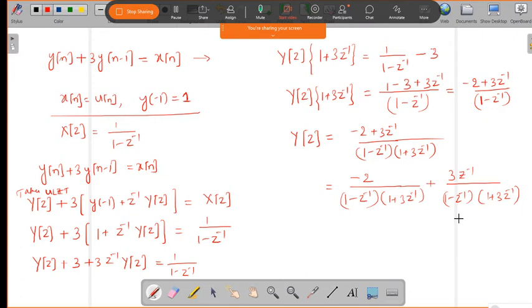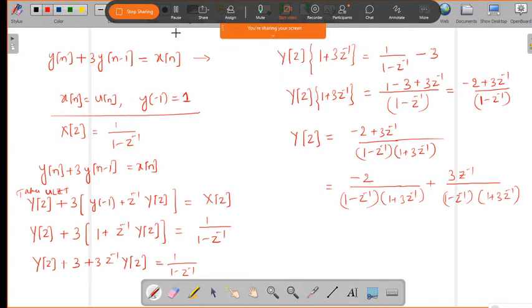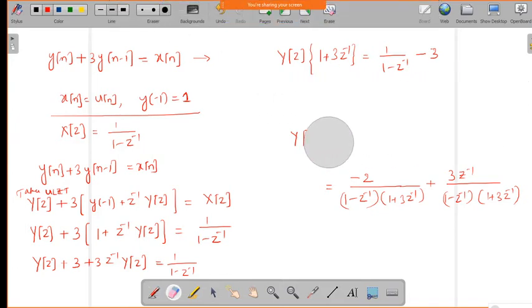Okay, or we can also write otherwise, as this may lead to complication. So here only we can write in easy form.